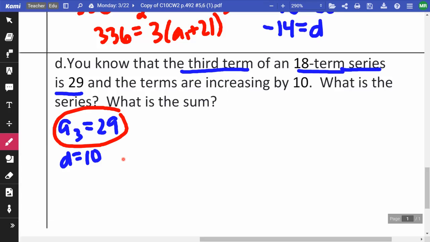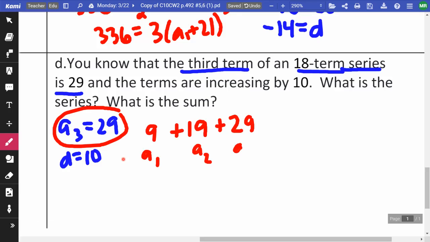If my third term is 29, my second term would have been, going backwards, 29 minus 10, and then I would subtract 10 again. So this would be my A1, this would be my A2, this would be my A3. And I keep adding 10 until I get to my 18th term.